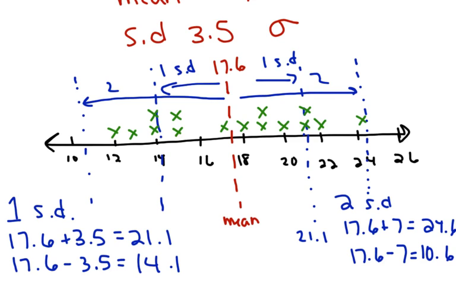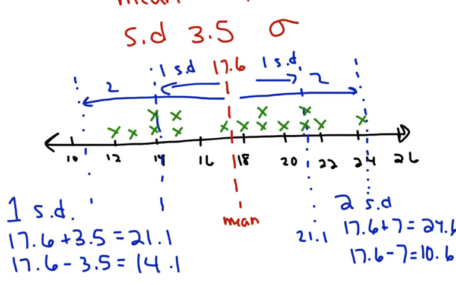I want you to notice that all of these x's fall within 2 standard deviations of the mean. Often when we're describing data, we like to know how many standard deviations away from the mean our data fall. The less standard deviations, the more accurate the data.